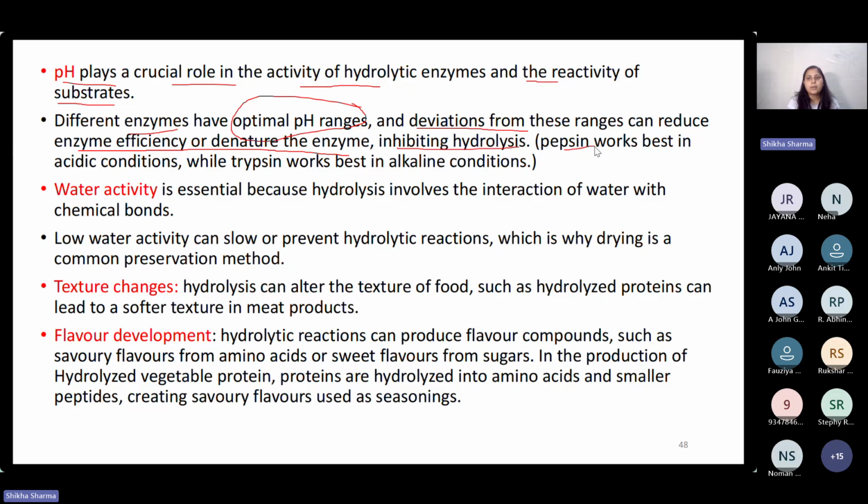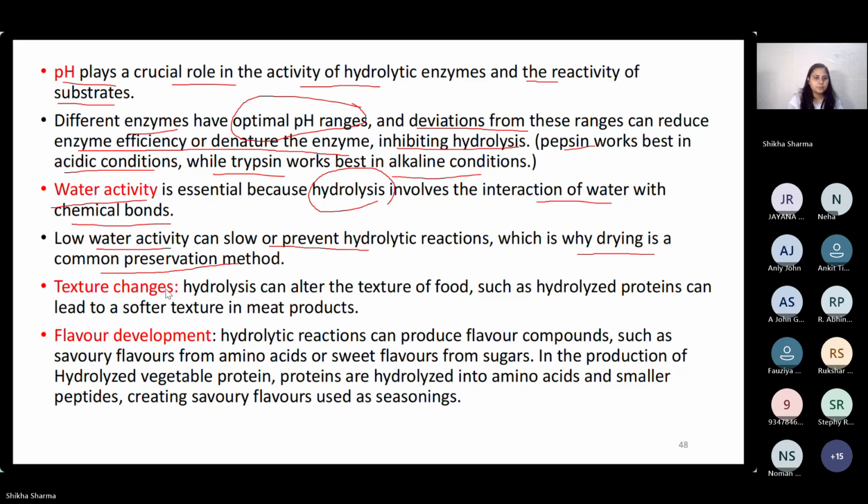Like pepsin works best in acidic conditions, whereas trypsin works in alkaline conditions. And water activity is essential because hydrolysis involves the chemical interaction of water with the chemical bonds. So if water activity is low, it can slow down or prevent hydrolytic reactions, which is why drying is commonly used as a preservation technique.